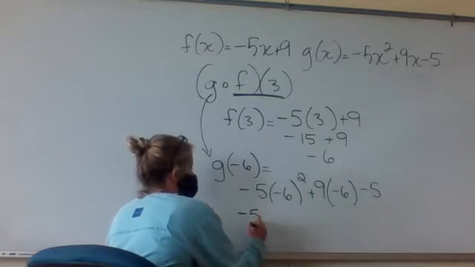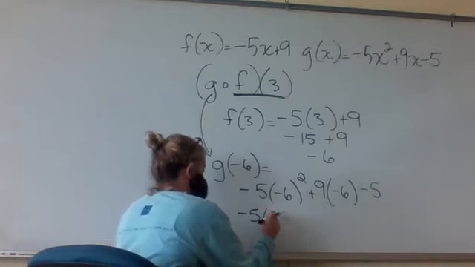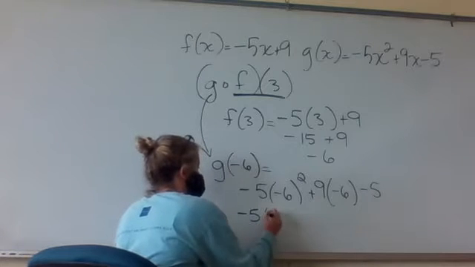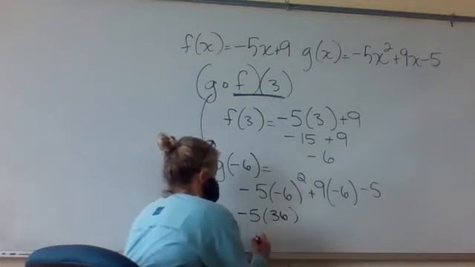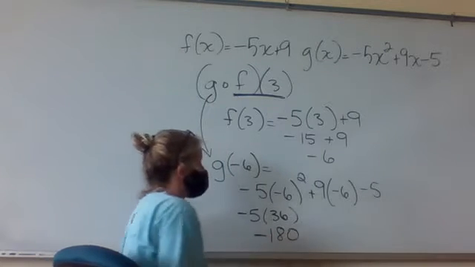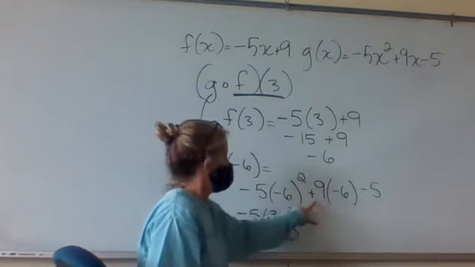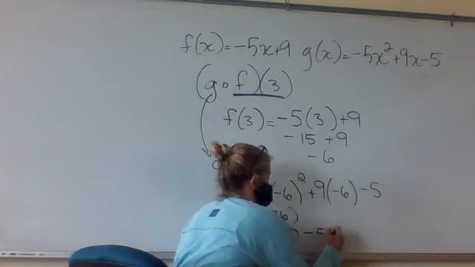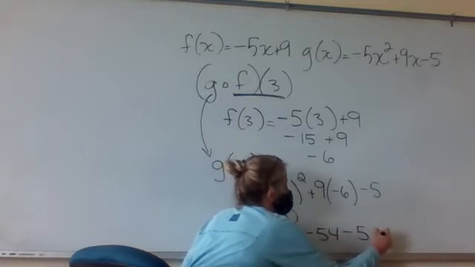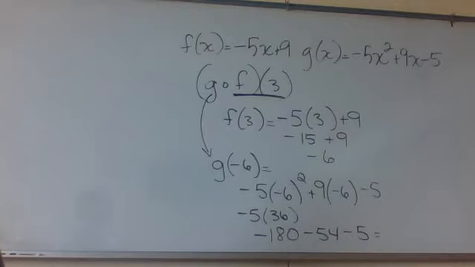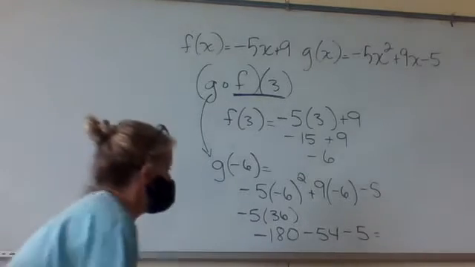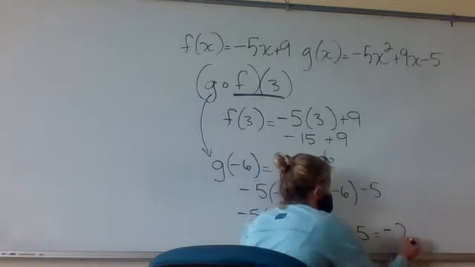So I'd have negative 5 times, not negative, positive 36, which would give me negative 180. Then I have 9 times negative 6, which is negative 54. Bring down my negative 5, and if I combine all those numbers together, it gives me negative 239.